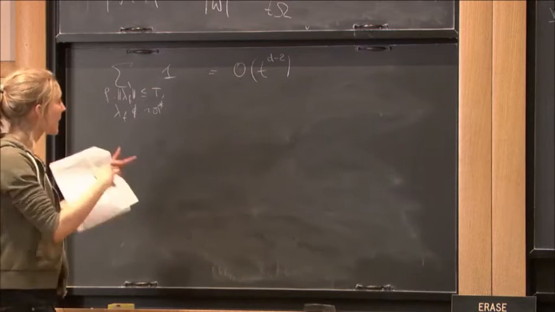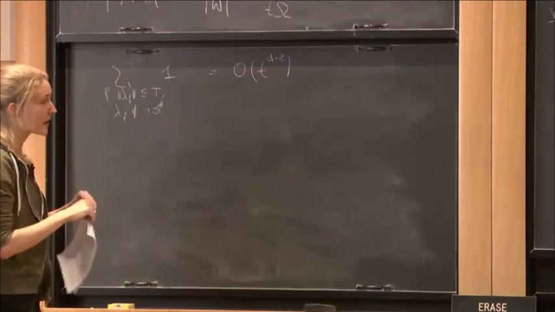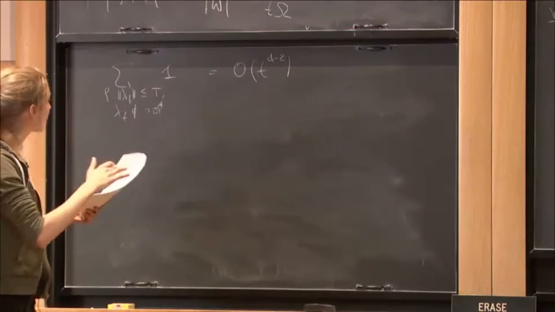So this is some kind of bound towards the Archimedean Ramanujan conjecture on average.